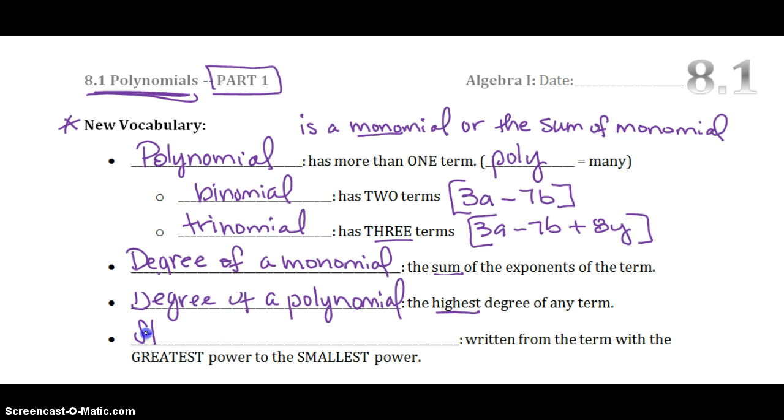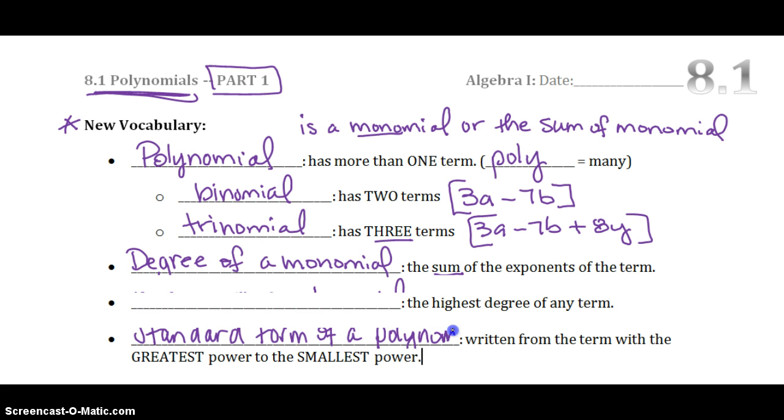Then there's something called a standard form. We've talked about standard form for equations of a line. Well, there's standard form of a polynomial. And I apologize that it's jumping. The standard form of a polynomial is written from the term with the greatest power to the smallest power. So you're going to go from greatest to smallest.